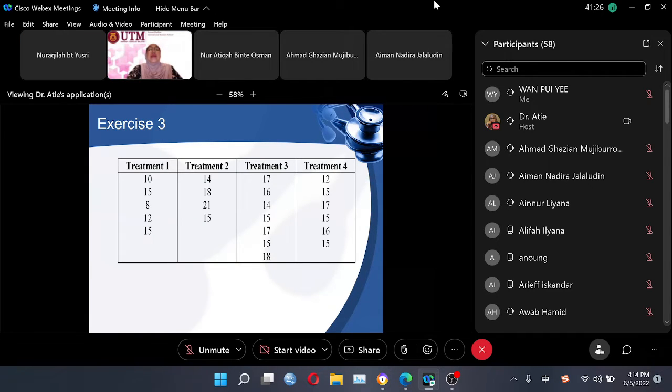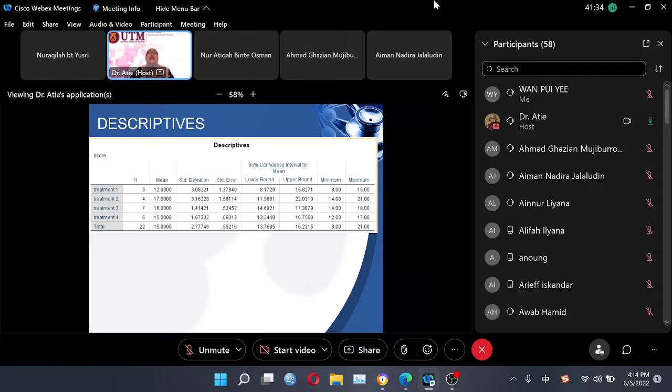Okay, so we have already entered exercise 3, all the data in our SPSS, and then we got this output. So today I'm going to explain what you have from your SPSS, right? The first thing that you will get is the descriptive table.